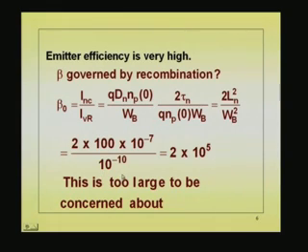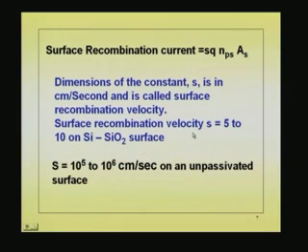So, Wb squared is 10 to the power minus 10, that is 2 into 10 to the power 5. So, if you have got beta of 30, you do not have to be thinking about whether it is this quantity that is affecting the beta. So, what we said further is, then what we have not considered is the recombination on the surface.